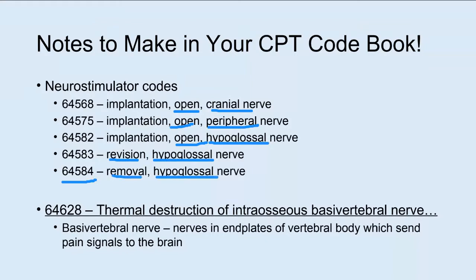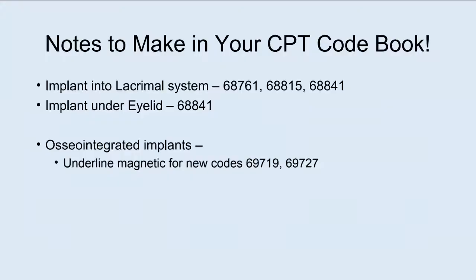So if you underline or highlight these, it catches your eye and you don't have to read everything and figure out which code it is. You might also write next to 64628 the definition of the basivertebral nerve, the nerves in the implant, which send pain signals from the end plates of the vertebral body to the brain. So more notes to make.